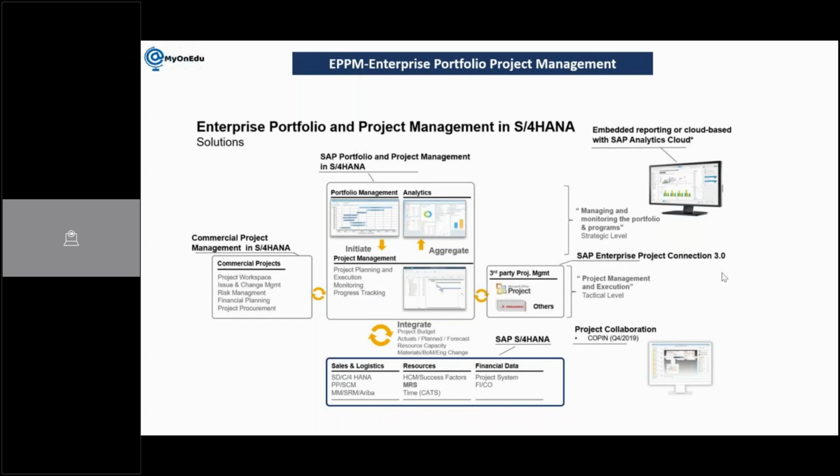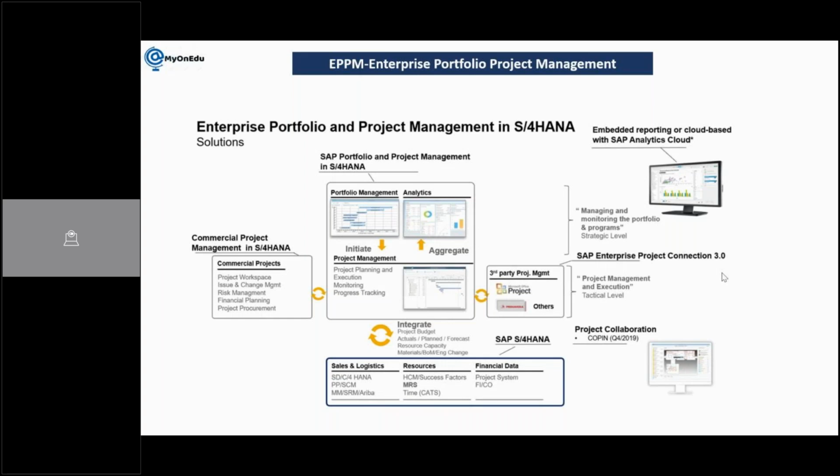We'll understand exactly what we have in these different modules, and why we are using different modules as a solution in SAP, and when we combine them in one and call it SAP EPPM, what exactly we get from it.